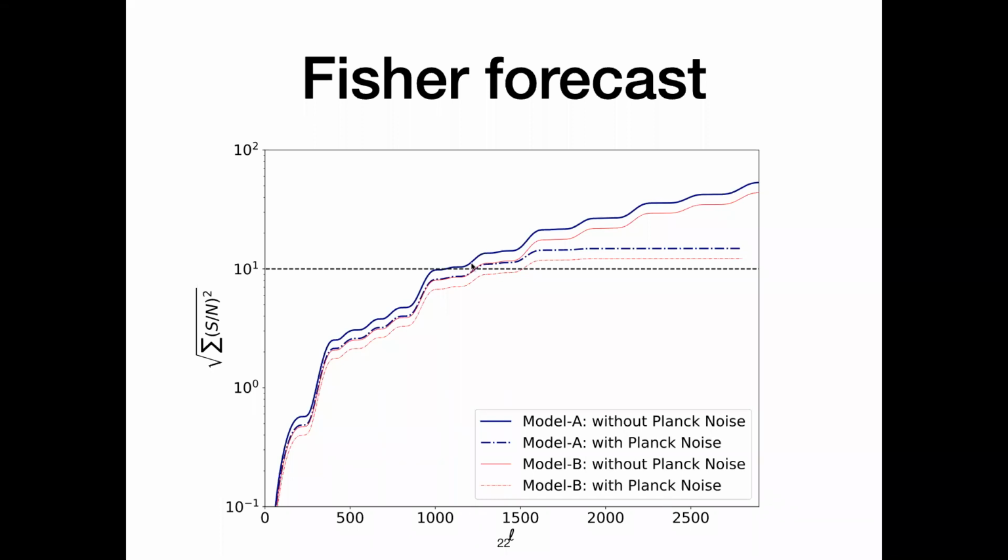But in future, if we have a good instrument which can calculate at higher multipoles with good sensitivity, then it is possible to detect these kinds of signatures in the two-point correlation function.